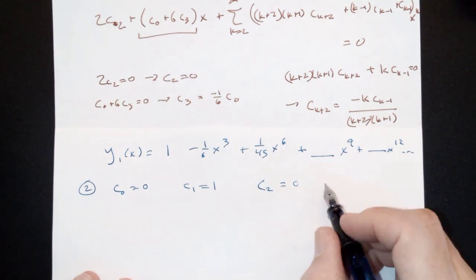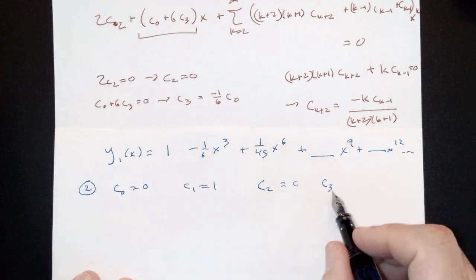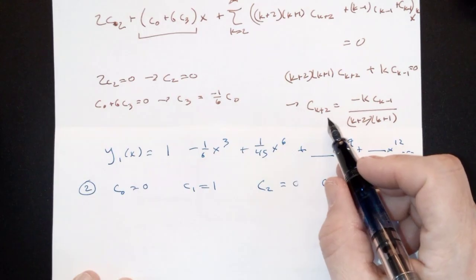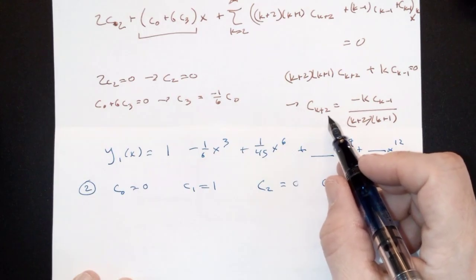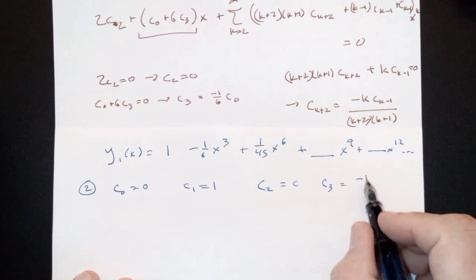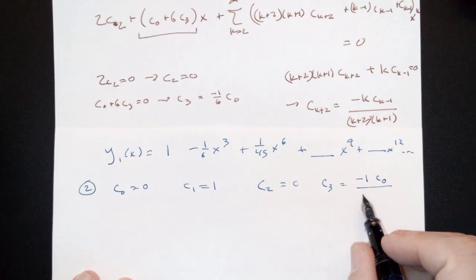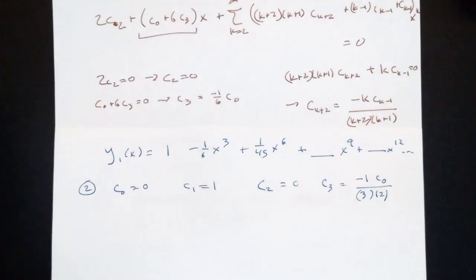Well, I should check. For me to use C3, I've got to do this, right? So C3 is -1 C0 over 3 times 2, but what was C0? So we did get a 0.